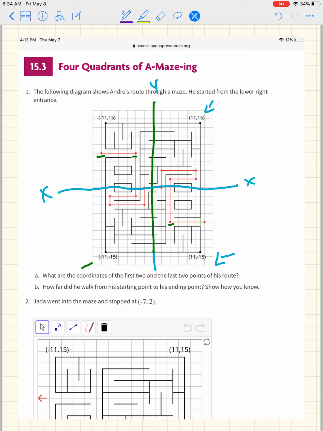So we know that 11 is right here. We know that that's 11. And we know that this is negative 11. And so to figure out what our scale is, we have to know how many points we have. So we have 1, 2, 3, 4, 5, and a half.